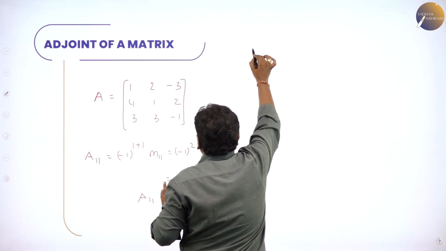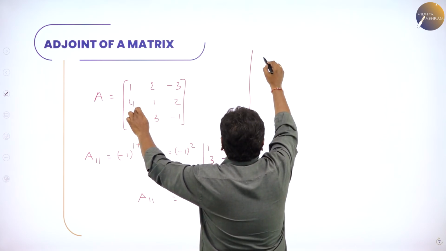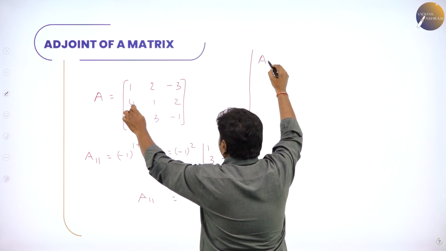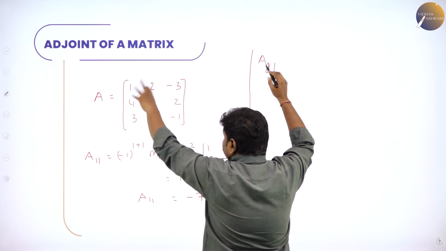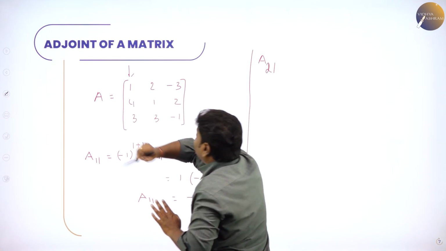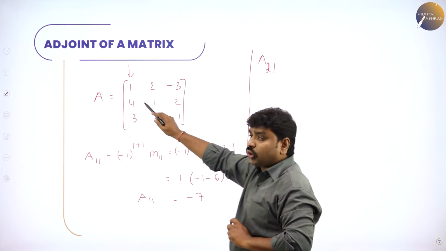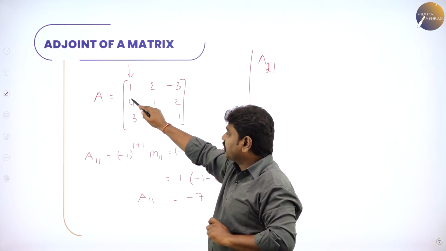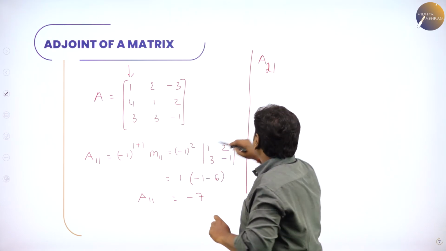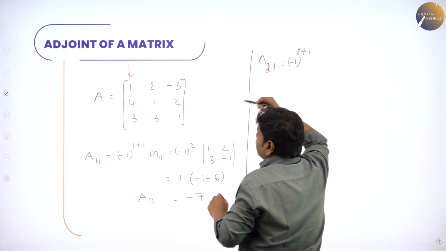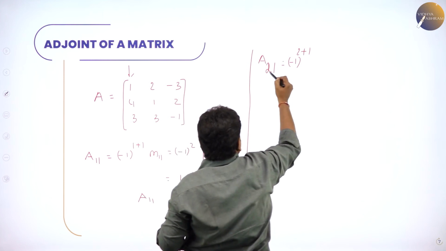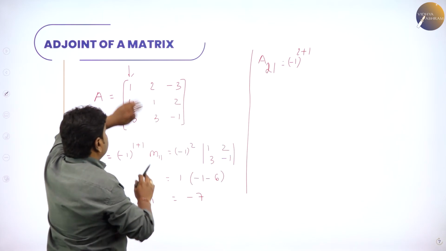Similarly, I'll find the cofactors of the other elements. I'm finding them for the first column. I found the cofactor of the first element. I'll go to the cofactor of the second row, first element. So that is minus 1 power 2 plus 1. Leave the second row and the first column.